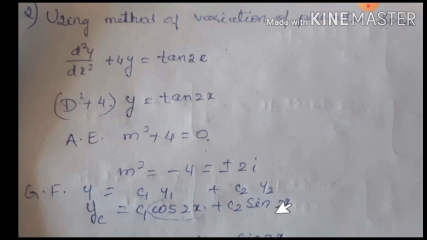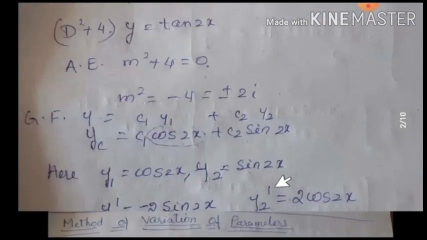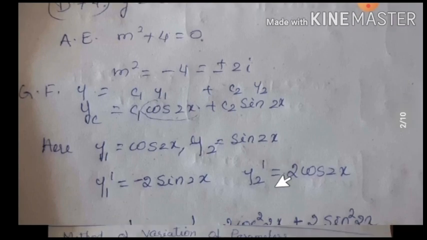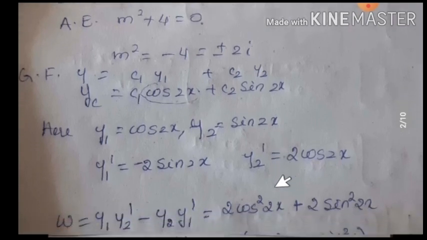As I explained in the method of variation, the complementary function is in the general form c1y1 plus c2y2. So in this problem, cos 2x is y1 and sin 2x is y2. Now we have written what y1 and y2 are.